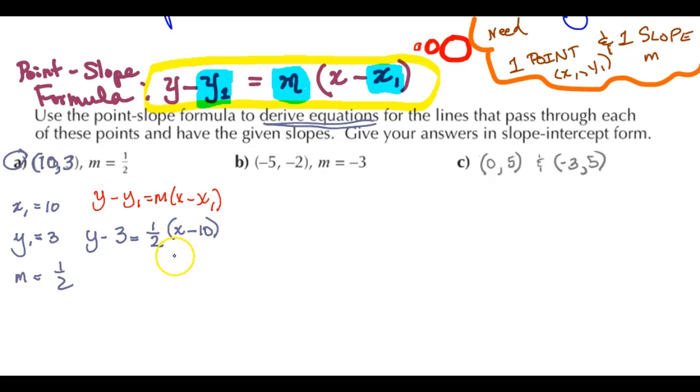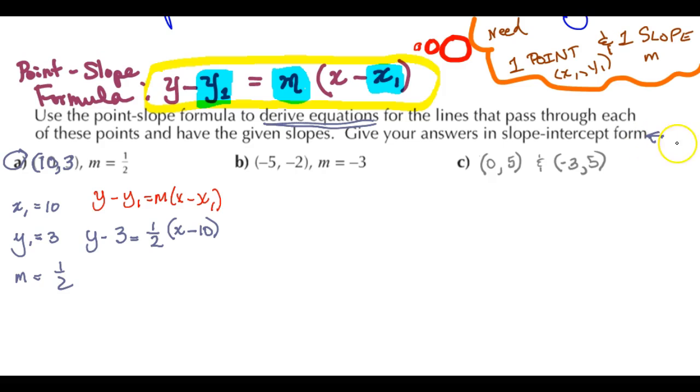Now, you're going to go ahead and distribute the 1/2 and simplify everything. I want you guys to see how far we need to go as far as simplifying. We need to go as far as it takes to get us into slope-intercept form.